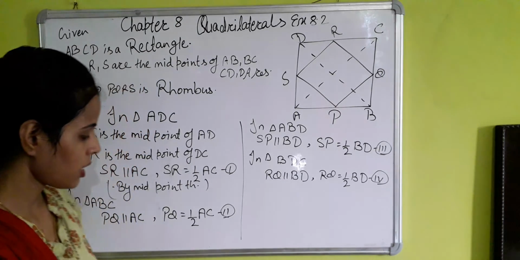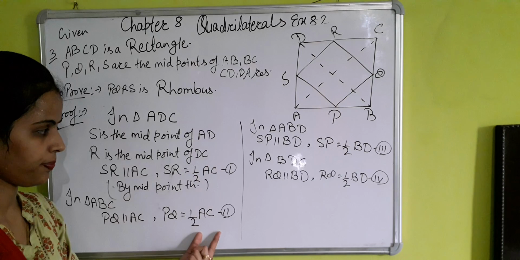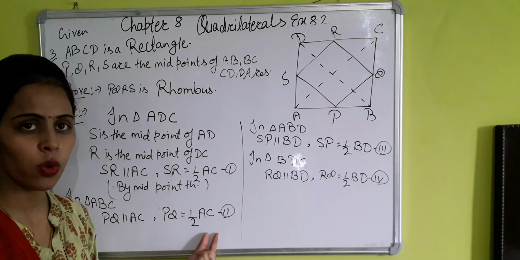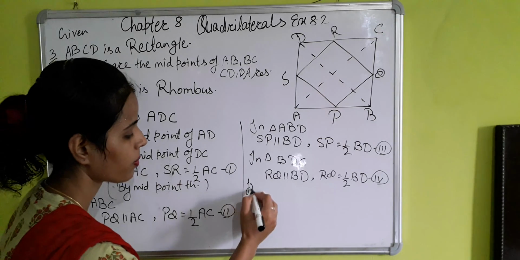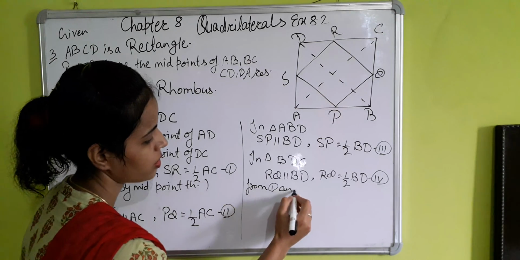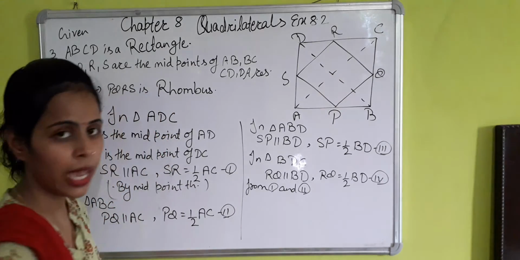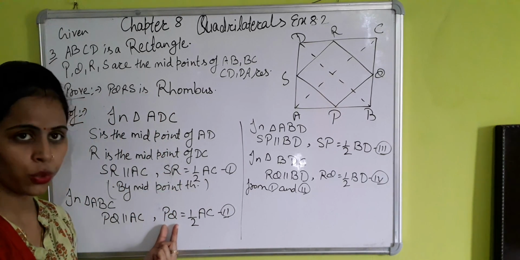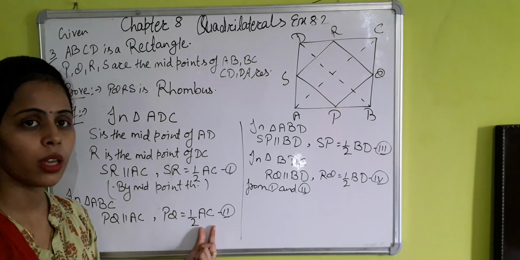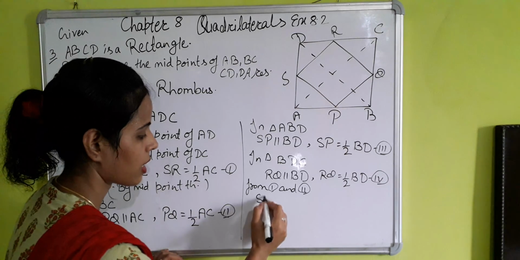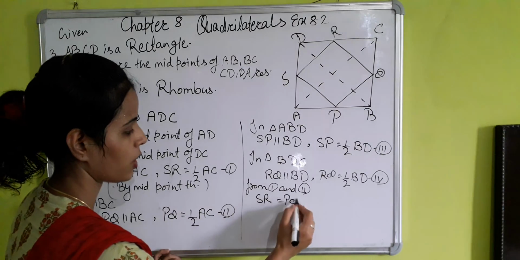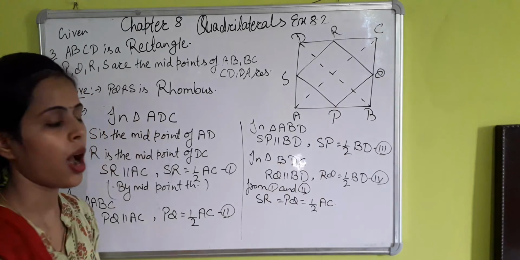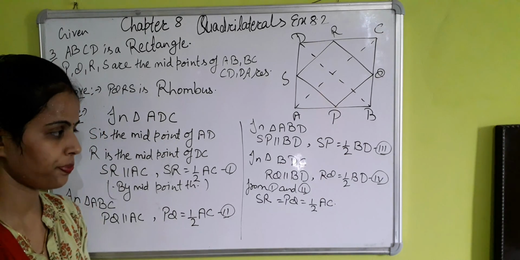Now from equations first and second, SR is half of AC, PQ is also half of AC. So we can say that SR is equal to PQ is equal to half of AC.